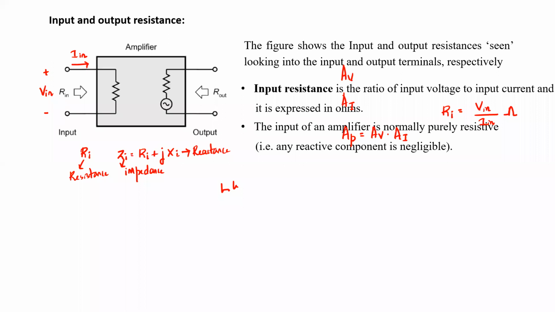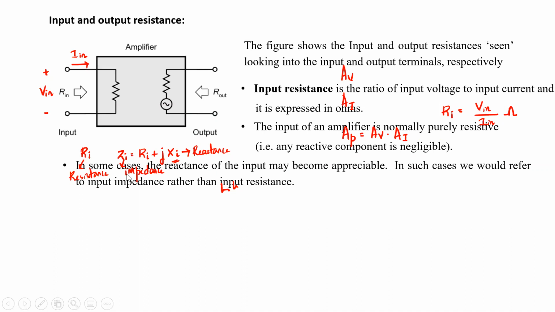In that case, the input is purely resistive, it's not the impedance. When Xi is negligibly small, Zi is Ri, then the impedance is purely resistive. Most of the times it is like this.